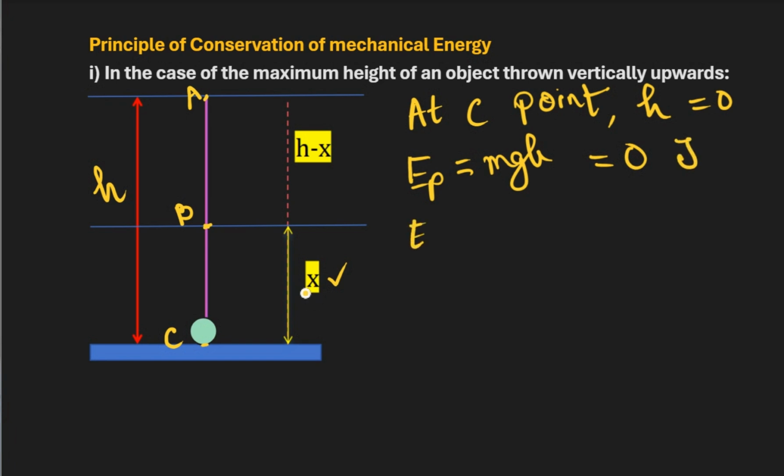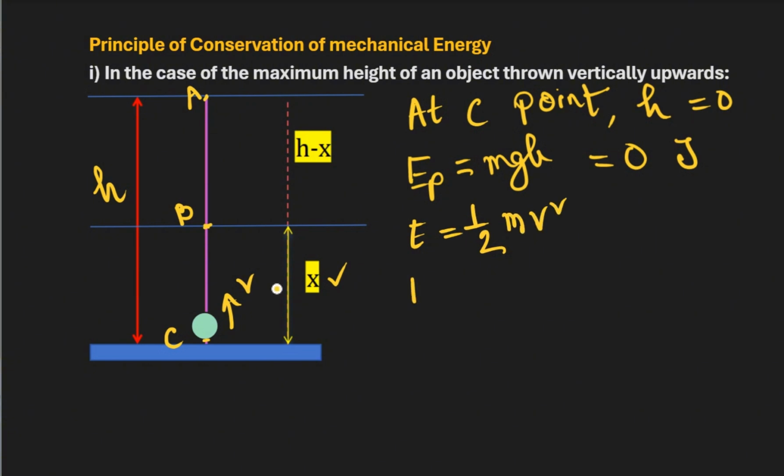If we throw this object upward, we have to apply the maximum velocity here. As a result, the kinetic energy will be half mv square.